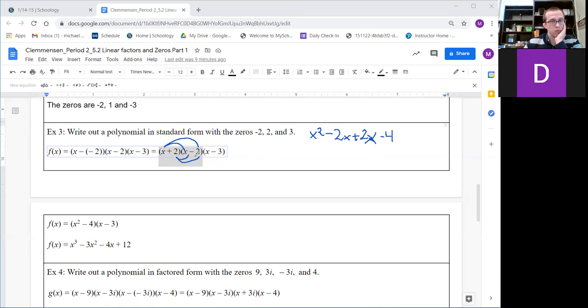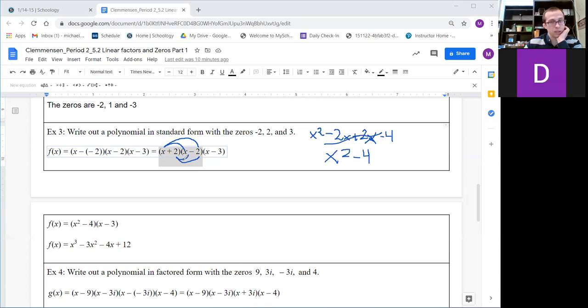So again, I'm foiling these two together, and then I simplify. When I'm simplifying, these two go away, and I end up with x squared minus 4. And I put that right down here. So that was my first step, or kind of second step of simplifying.